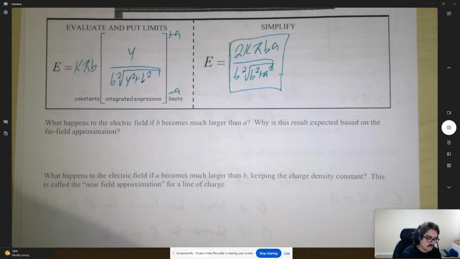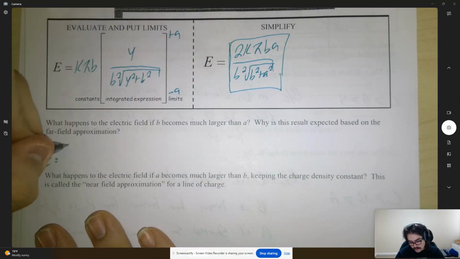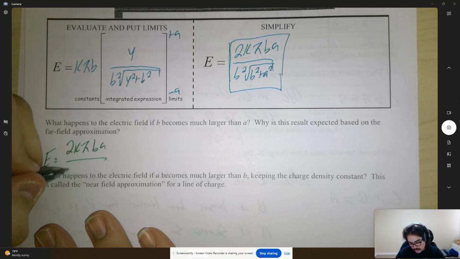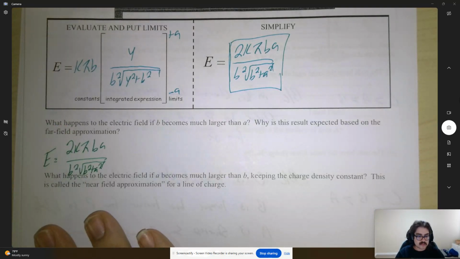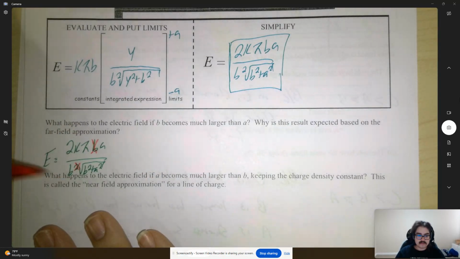Let me just rewrite it out here for you. If you look at the equation as it stands right now, 2k lambda ba over b squared root b squared plus a squared, you're going to notice a couple of things. First off, your b's can cancel out, and so you're left with one b down there.